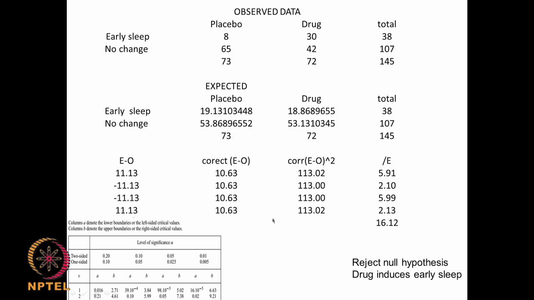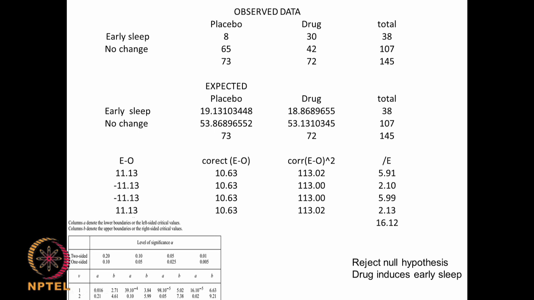Some software might not consider Yates correction, so you may get slightly different answers. When you do the Yates correction, you need to take the absolute value and then subtract 0.5. So, here for example, minus 11.13, we still subtracted 0.5. We made it absolute and then subtracted. When you do the 0.5 subtraction, if the result goes below 0, we should take it as 0.